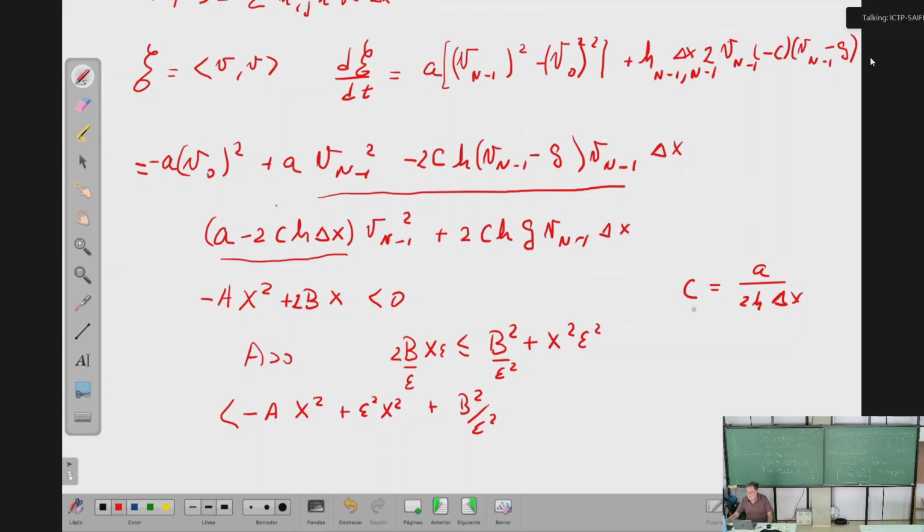So if I take c bigger or equal than this, I guarantee that this thing is going to be negative, and so I will get stability. And so I have to consider these constants, okay? Bigger than this.